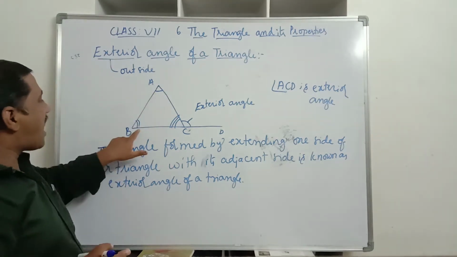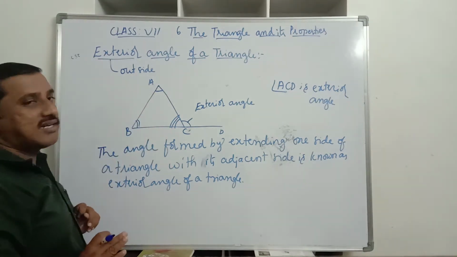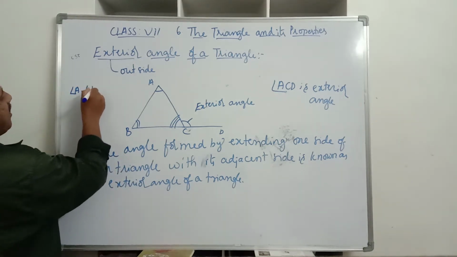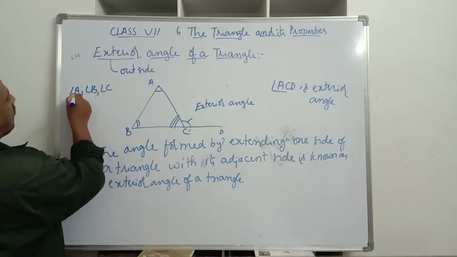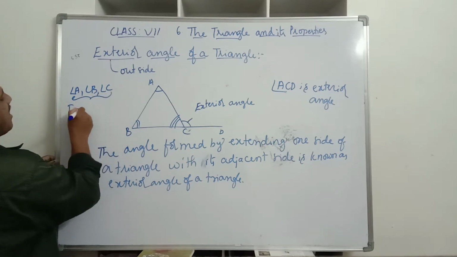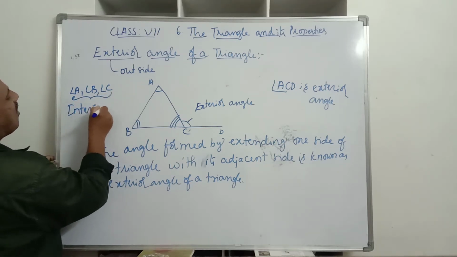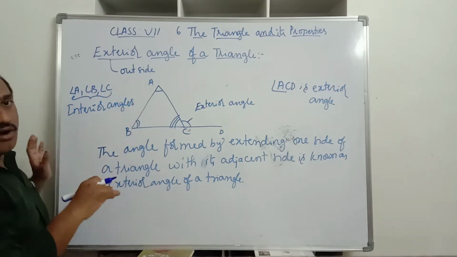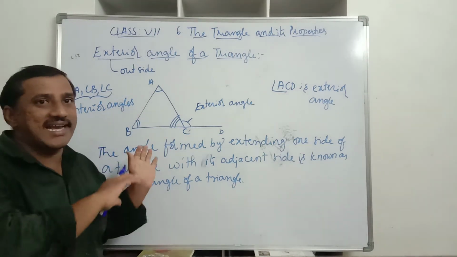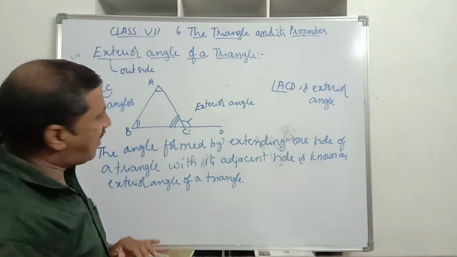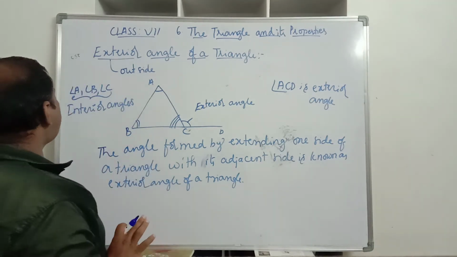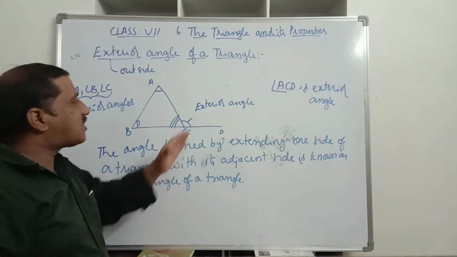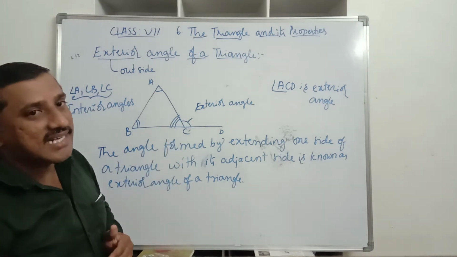Why are they called interior angles? Because these angles are formed inside the triangle, that is the interior part of the triangle. And here this angle is formed outside, that's why this angle is known as exterior angle.